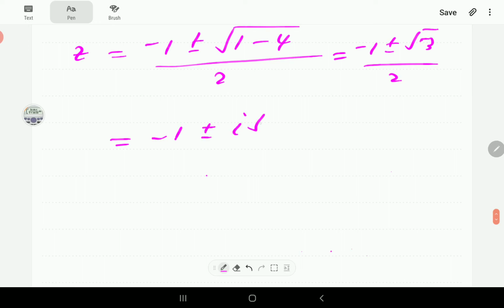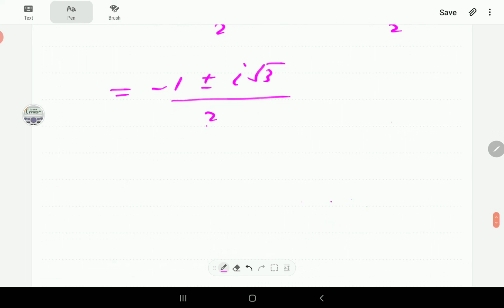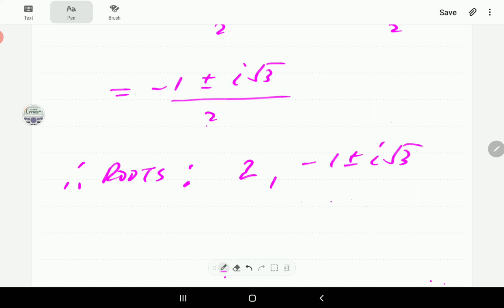So it's going to be i root 3. So that means the roots, in summary, are going to be 2. 2 is going to be a double root because it occurs twice. And then we're going to have these two complex conjugate roots, minus 1 plus or minus i root 3 all over 2.